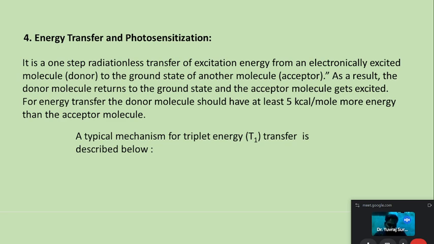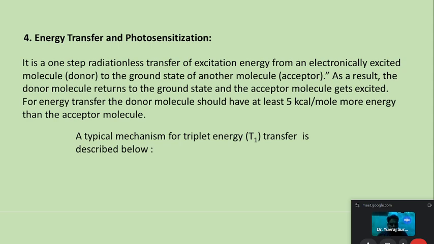In some cases, a molecule does not undergo excitation by itself, so some sensitizers are needed. One may be the donor and the other the acceptor. As a result, the donor molecule returns to the ground state and the acceptor molecule gets excited. The molecule which donates remains in the ground state and the other molecule actually goes to the excited state.